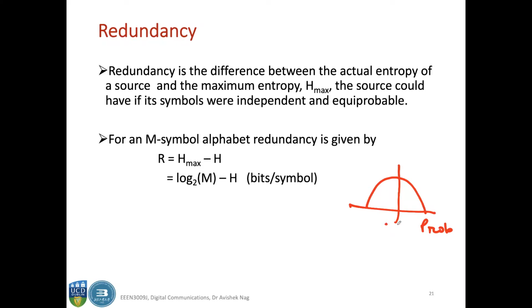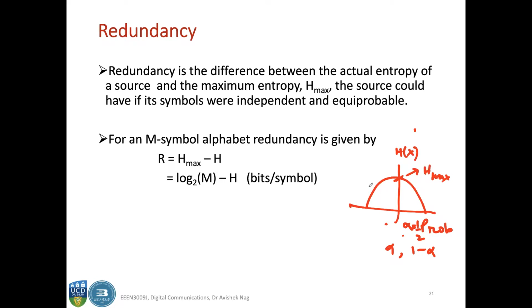You were plotting H(X) with alpha, where alpha and 1 minus alpha are the probabilities of the source, and you saw that when alpha equals half, you get this maximum. So this is H max, let's say.